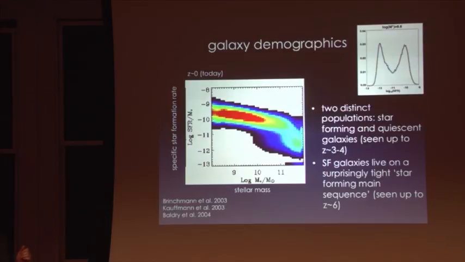There are these two distinct populations of galaxies. We see this rather tight sequence, sometimes called the main sequence for galaxies. And then we see a population of dead, or what are sometimes called quiescent galaxies. And they're rather well separated. So if you just plotted a histogram across this diagram, you would see two rather well separated populations.